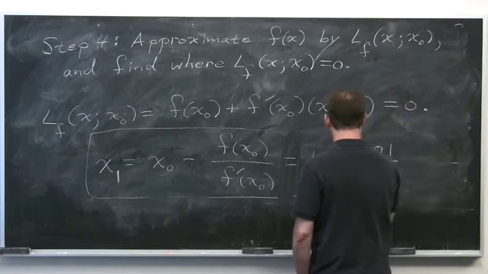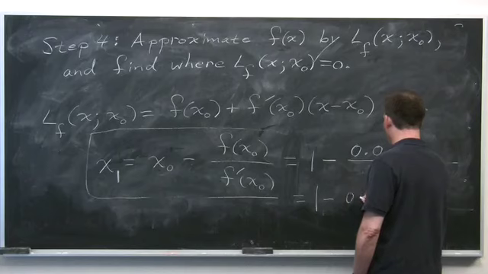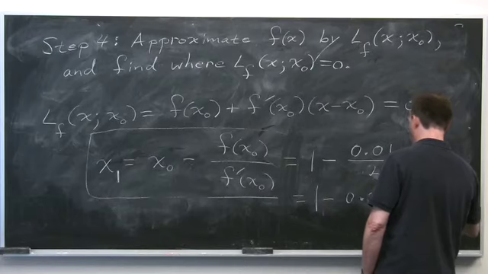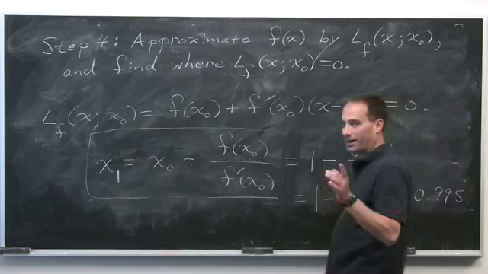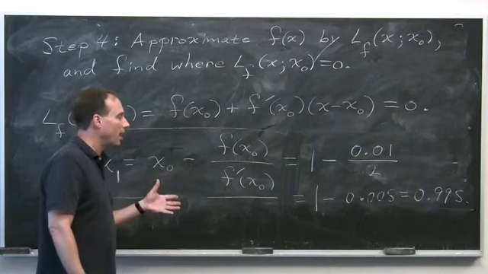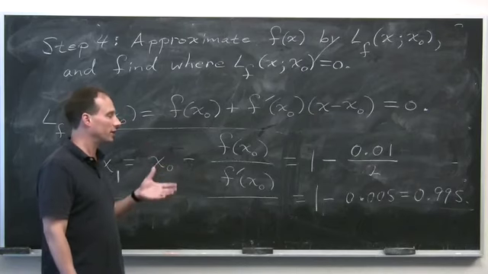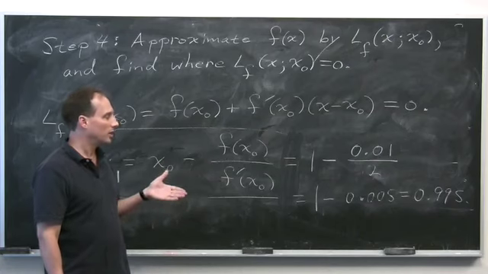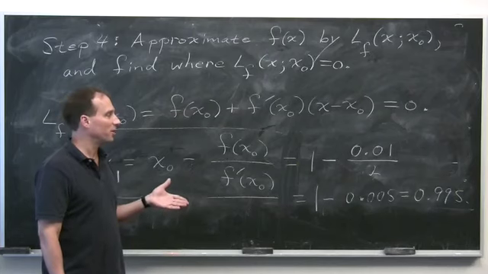So we're getting that this is 1 minus 0.005. Okay, that's 0.995. Oh, if you recall, that is what we got for our linear approximation of the square root of 0.99. We got 0.995 from the linear approximation.